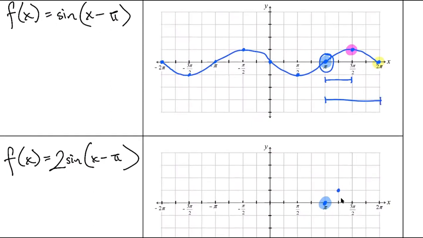The yellow point was 4 boxes away. How many boxes away will the yellow point be now? Yeah, it's going to be 2, right? Because everything is half as far away. So it does look a little bit more squeezed, but we just fill in all the other points with our pattern of going between 1 and -1.